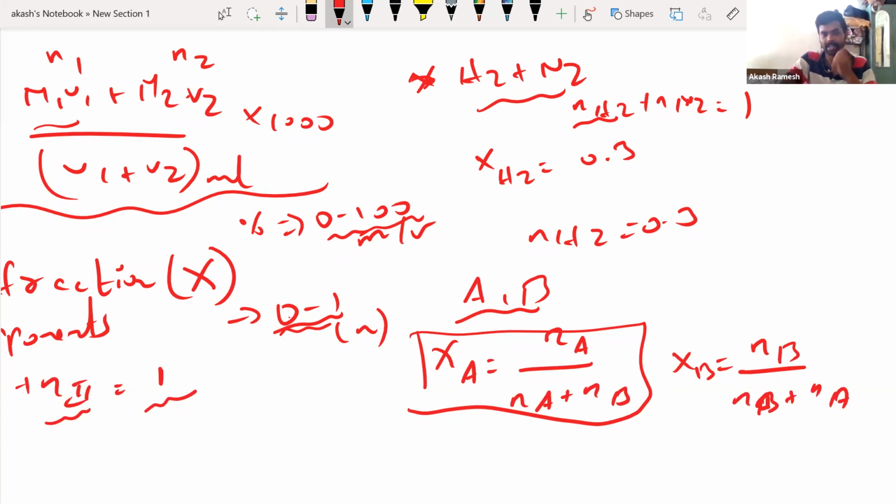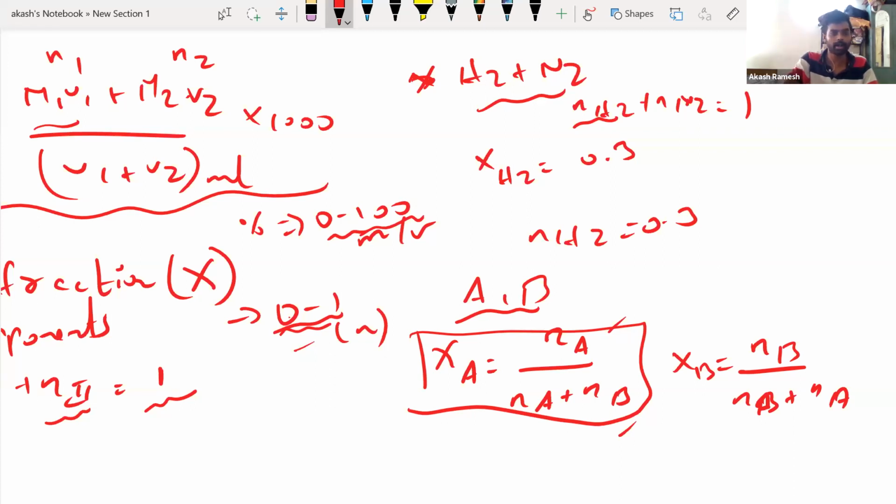Very simple, right? Don't you see it is very similar to the mass percentage? It is like the mass of the solute divided by mass of the solution, that is solute plus solvent, and the only thing I put is 100 here because I want it in terms of percentage. Here it is going to be in terms of fraction. Mole fraction is always less than 1 because the scale is between 0 and 1.